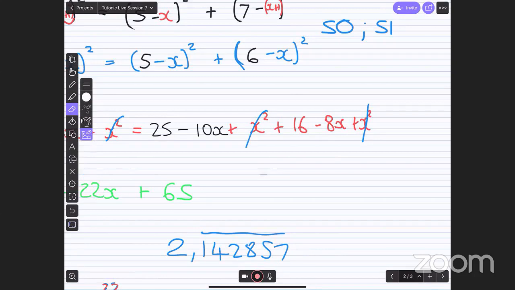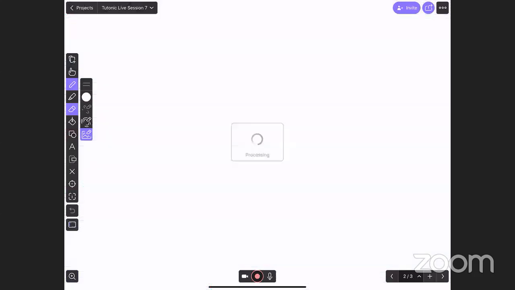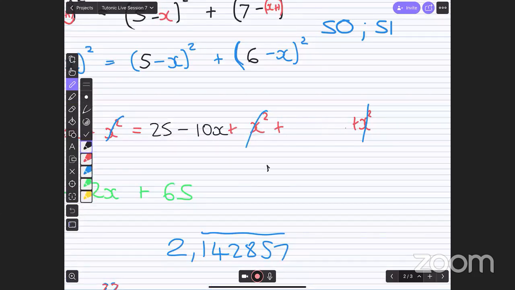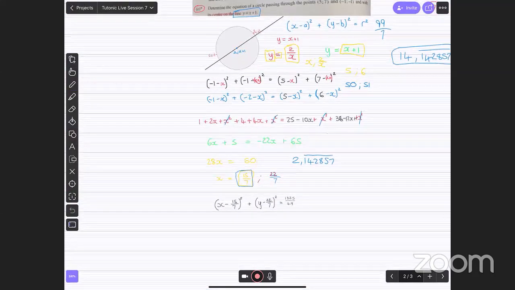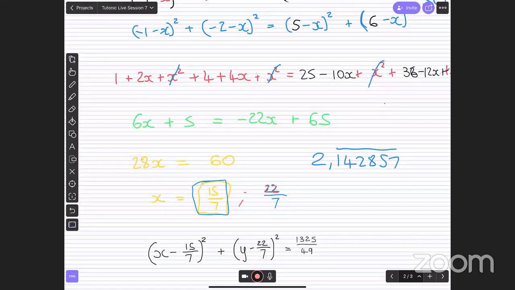36 minus 12x plus x squared. Great. Now we go on. And then we get on the left-hand side, it's 6x plus 5.